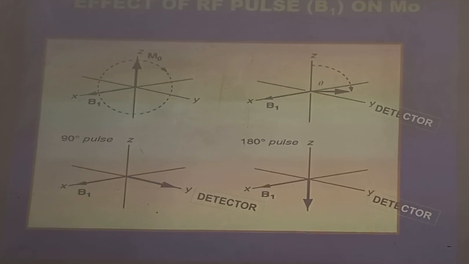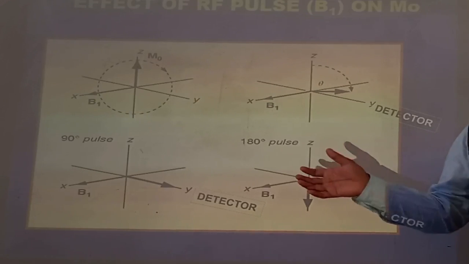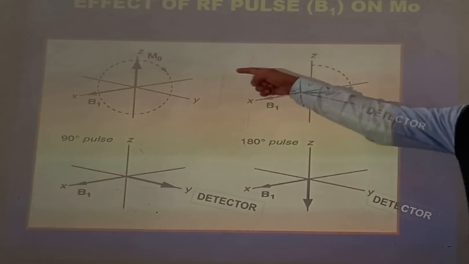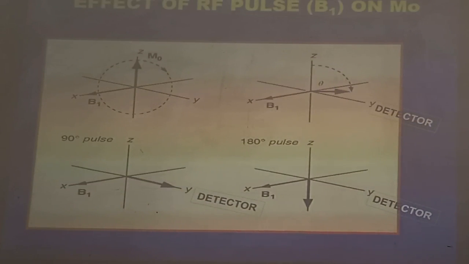So what you are doing by giving a pulse is that you are exciting all these nuclei and disturbing them, moving them away from the z-axis, but again they have to come back towards the z-axis, because they would like to come back to their equilibrium position, and that is where they are the most stable.